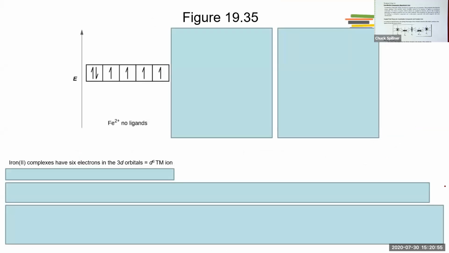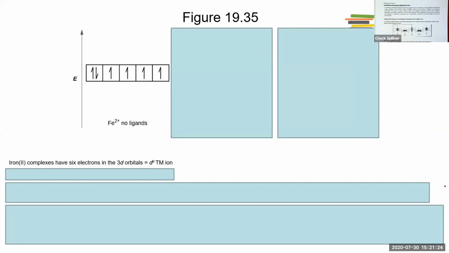Okay, so now we're going to look at what's going on with an iron ion. Here's a specific example, iron 2. If you look at the fourth period, iron has 4s2 and 3d6, and you can look at your periodic table to figure that out.